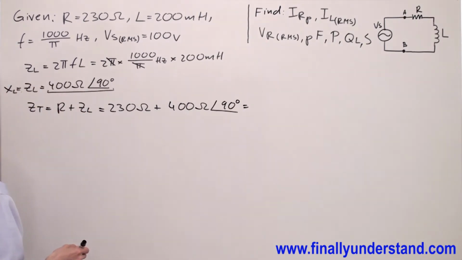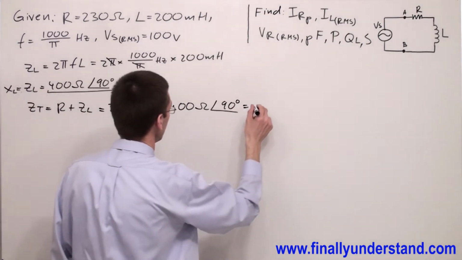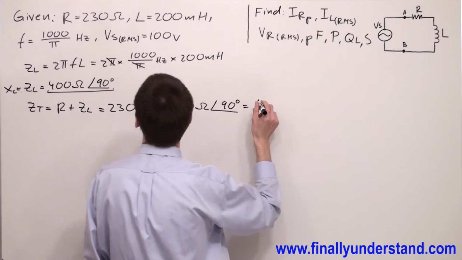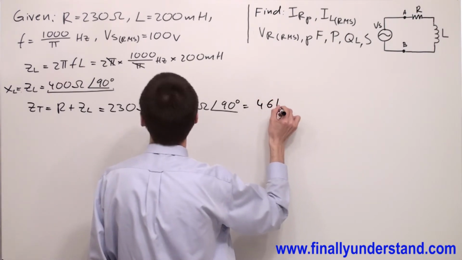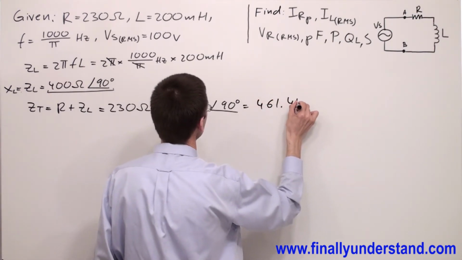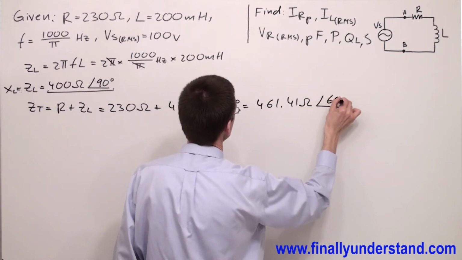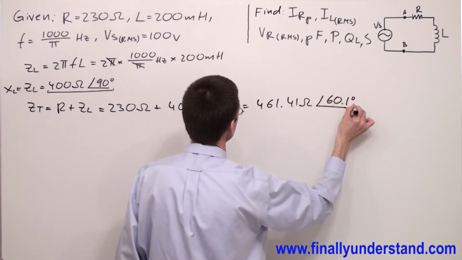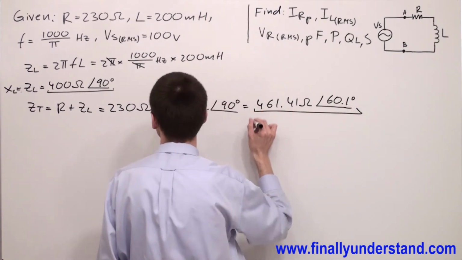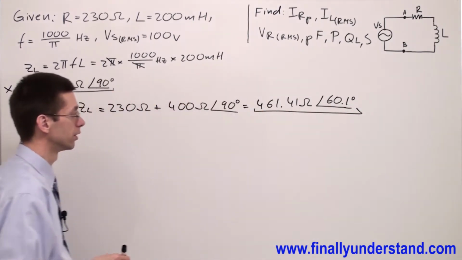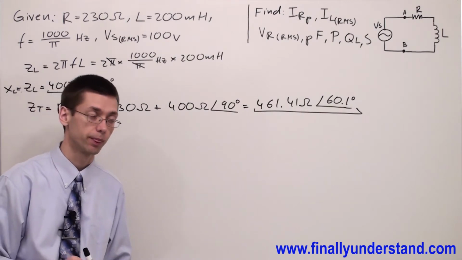So Z total is equal 461.41 ohms and angle of 60.1 degrees. This is the total impedance of my circuit.